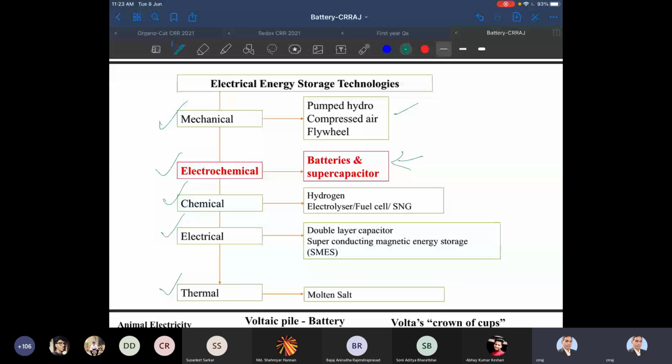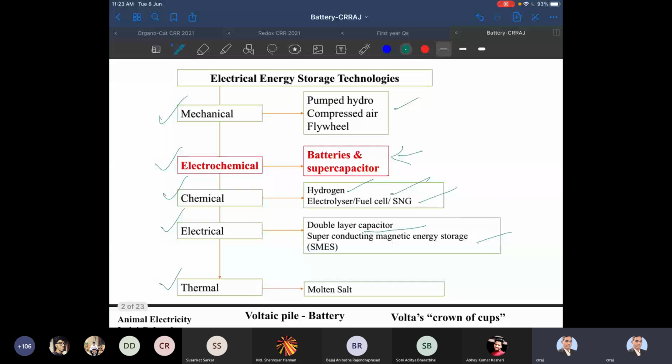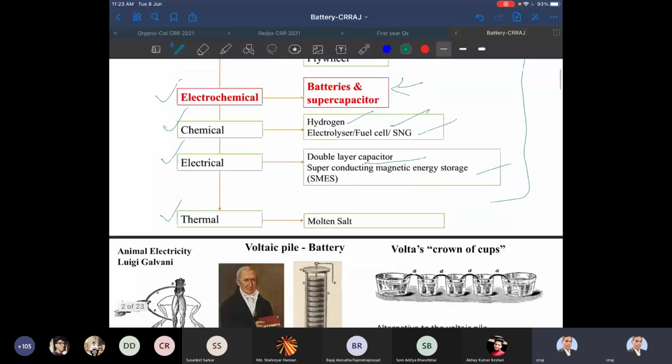In the case of chemical, you have hydrogen and the fuel cell, SNG. Electrical, you have the double layer capacitor, superconducting magnetic energy storage, and thermal, we have the molten salt. These are the possible electrical energy storage technologies that are available either at a mature level or in the infant stage, right? Batteries are already developed, still people are working on that.